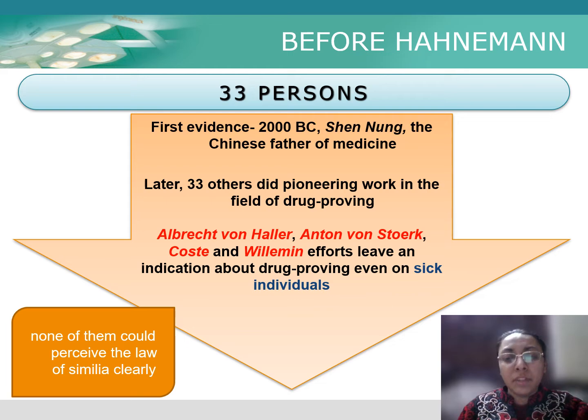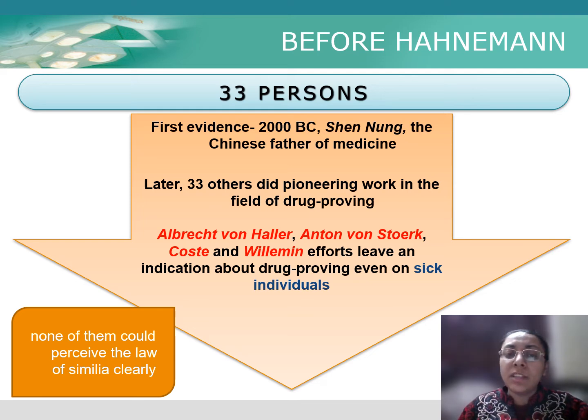Before Hahnemann, there have been 33 persons who have worked in the field of homeopathic drug proving. The first evidence of proving was found in 2000 BC when Shen, the Chinese father of medicine, tested drugs upon his person. Later, 33 others did pioneering work in the field of drug proving.